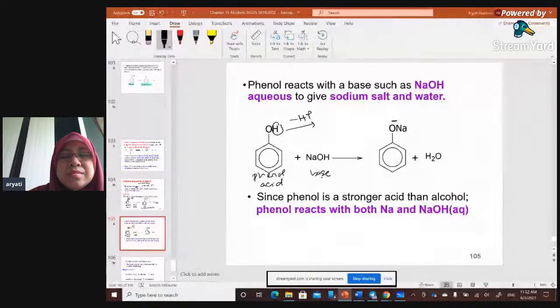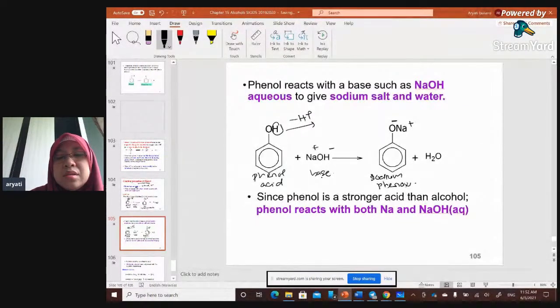Sodium hydroxide ada Na plus OH minus. So sodium will be attracted to phenol side ion, produce sodium phenoxide and H2O.